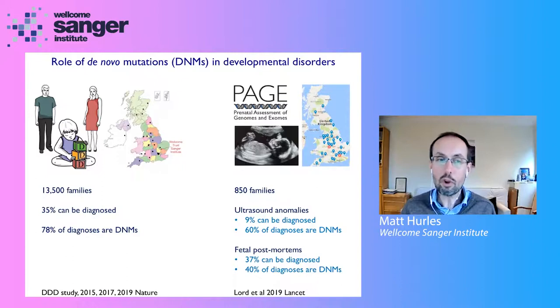Now, all of us have new mutations. As you would have seen on the previous plots, the average number of new mutations of single base changes is about 60 or 70 per individual. And so it's pure chance whether one of those new mutations happens to fall at a letter of DNA that is really critical for development.